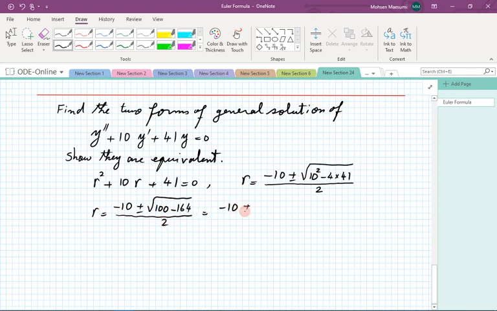Inside the radical, we conveniently have a friendly number. So it's minus 10 plus or minus 8i, divided by 2. We said we factor before we divide. So r became minus 5 plus or minus 4i.